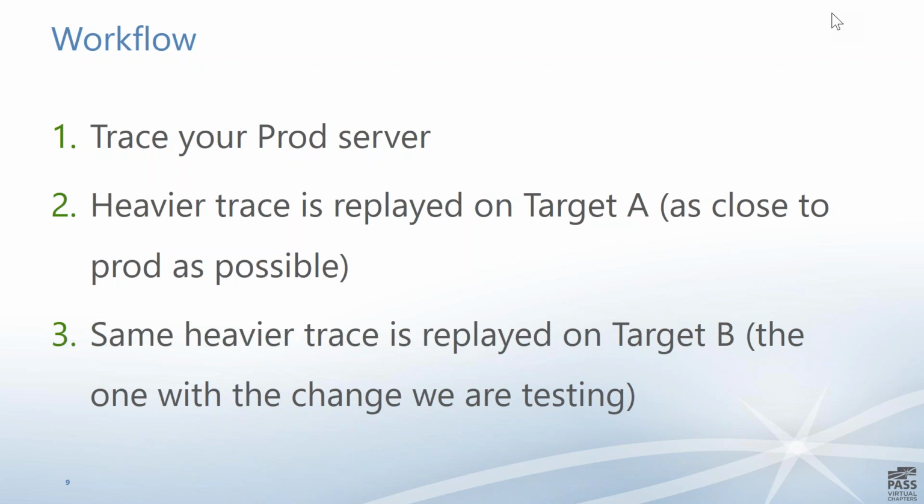We don't want to run the heavy trace in prod, that's why the workflow is set up this way. And finally, we replay that same heavy trace on, let's say we're upgrading to SQL 2017, right? So finally, that's what we replay. Once we have the results of those two, then we can compare and analyze with the Database Experimentation Assistant, okay?